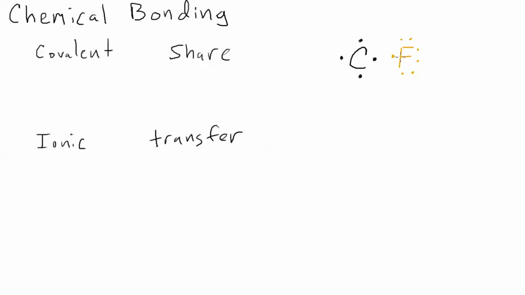So fluorine is very, very close to having a full shell of valence electrons. It only needs one more electron and it will have a full shell of 8. Right now it has 7 as an atom. If it had one more, it would have 8. Carbon, with its 4 valence electrons, would need 4 more electrons for it to have a full shell of 8.